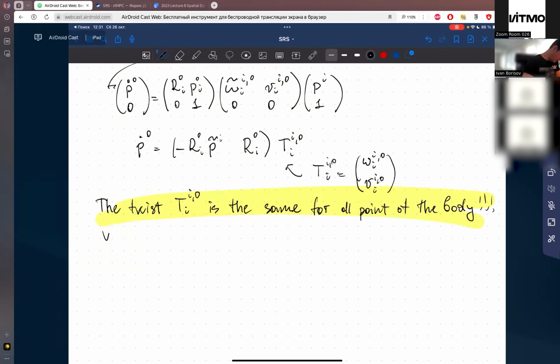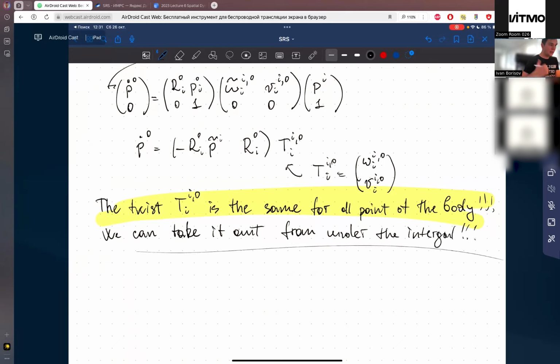So we can take it out from under the integral. And it's something that we wanted to do in the first place.